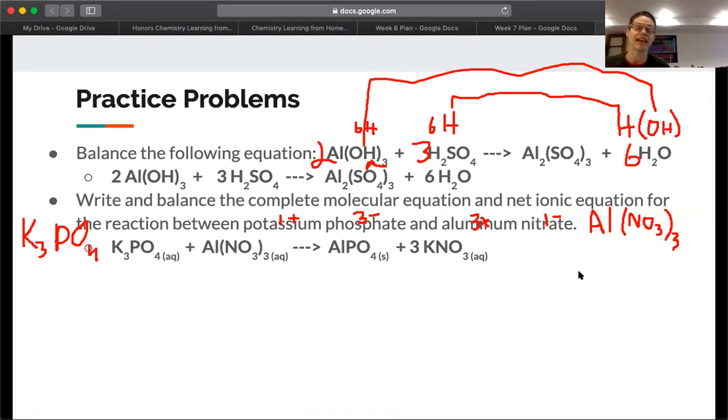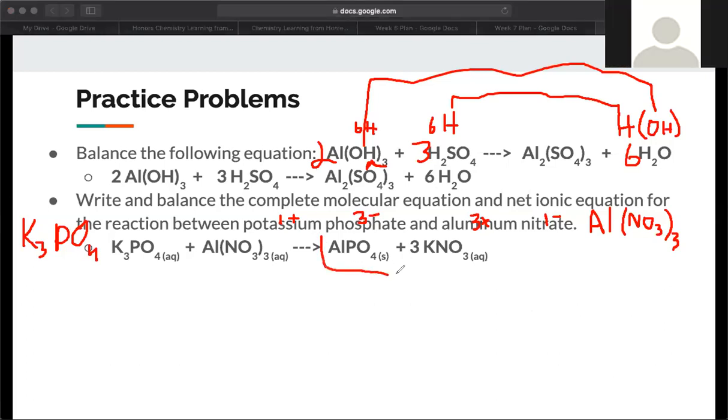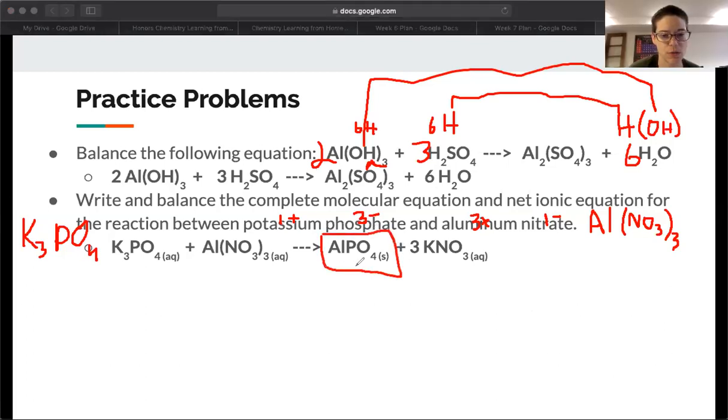So if you're looking at that, then the net ionic is going to be based off of which compound? AlPO4. AlPO4 is what you will then drop down and split to make your reactants.